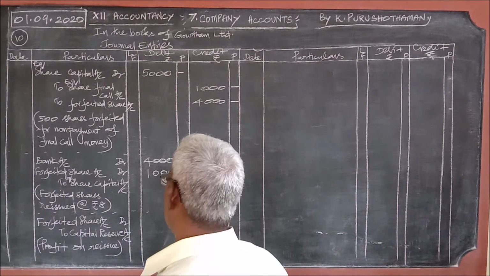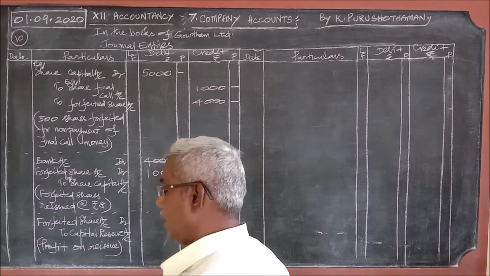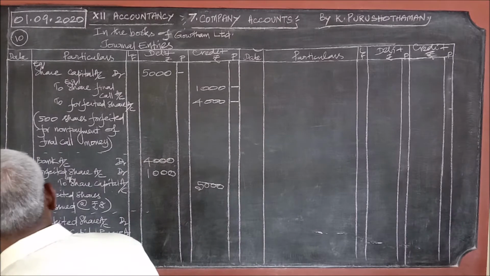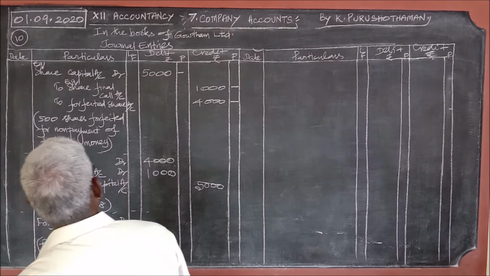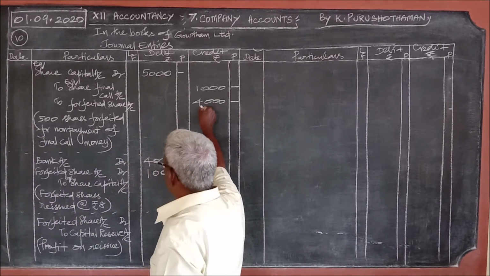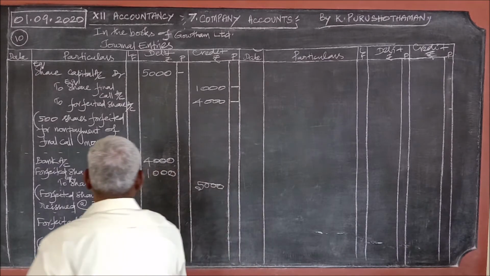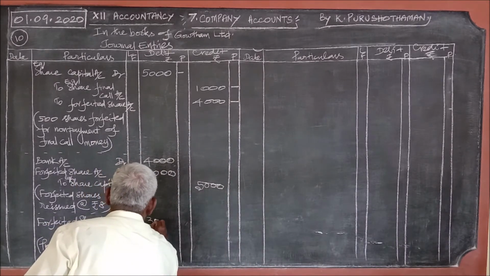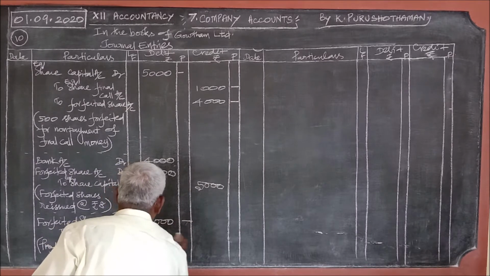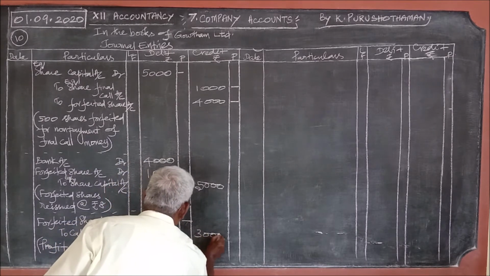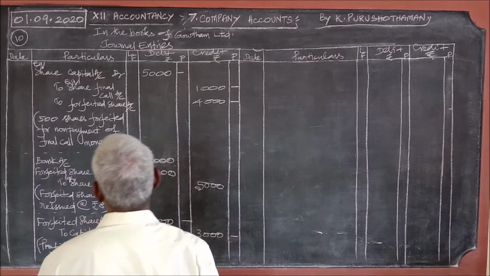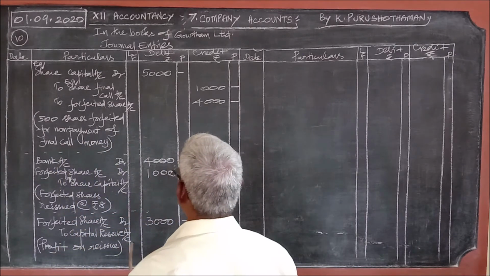So this 1,000 is for forfeiture. And the third journal entry is gain on reissue or profit on reissue. How to find it? You minus the forfeiture amount from this: 4,000 minus 1,000, that is 3,000, you should write. This is how it should be filled.